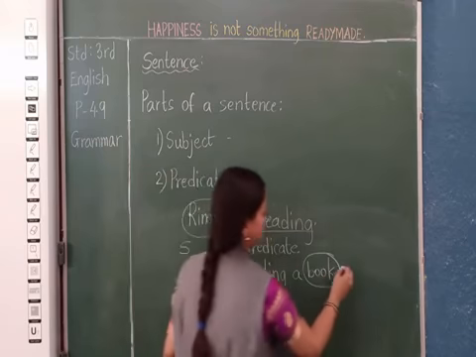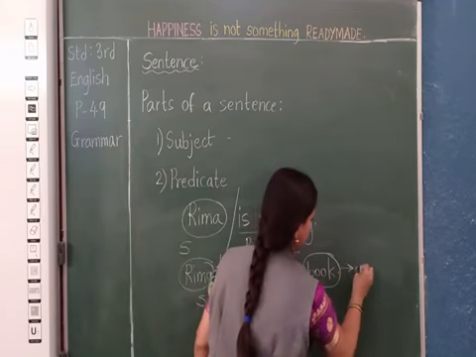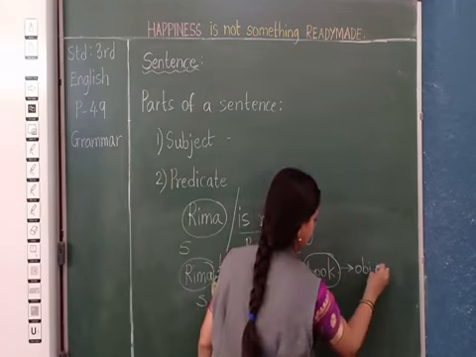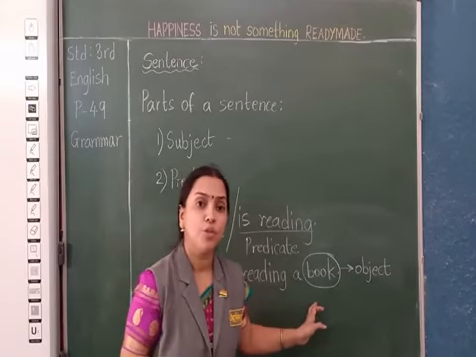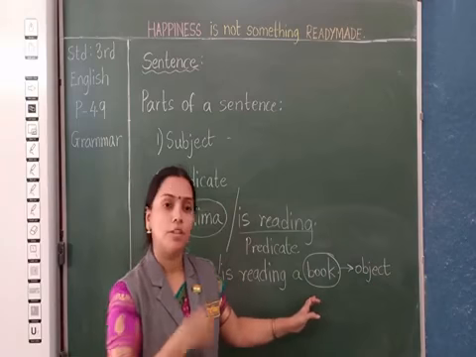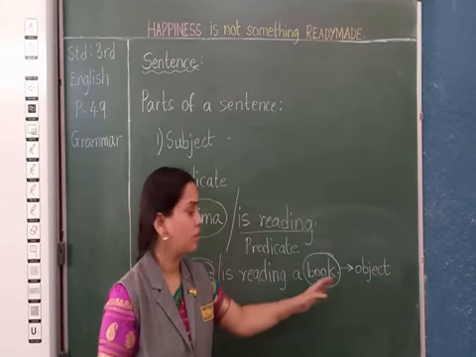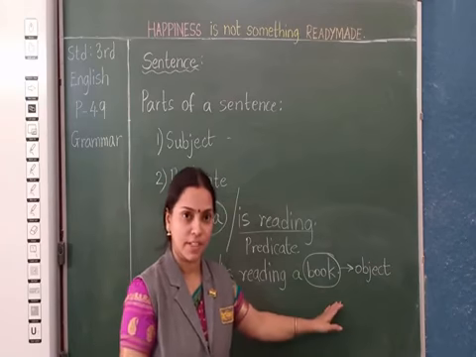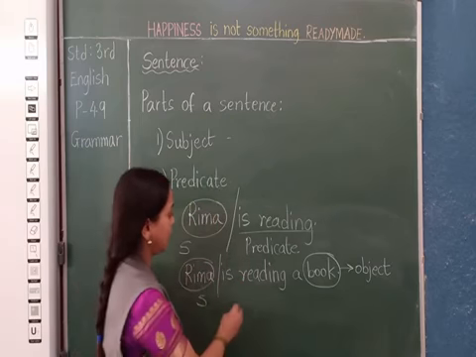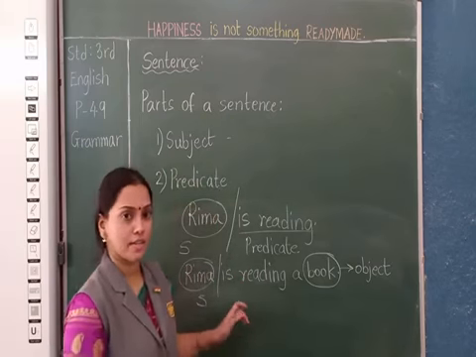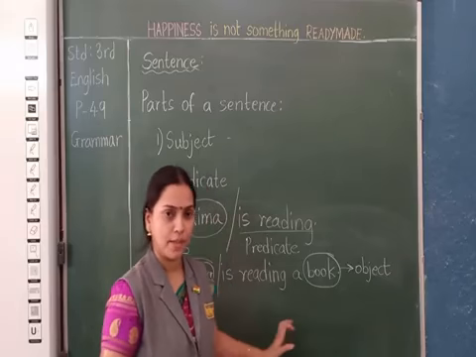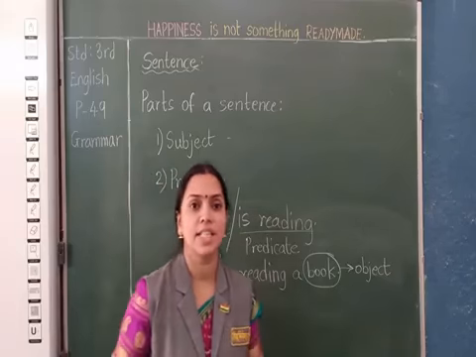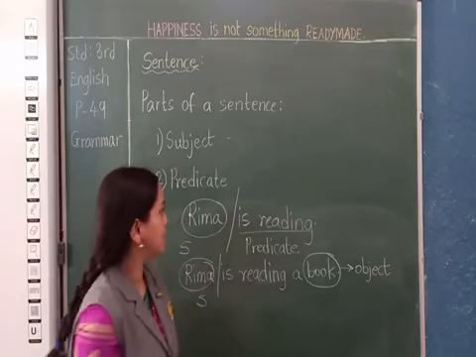This is the object, because the action of doing is done on the book. Reading what? Book. Isn't it? So here we have all the three parts: subject, verb and object. Now let us see some more examples.